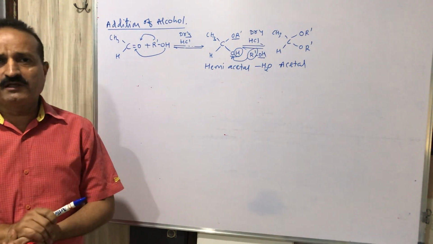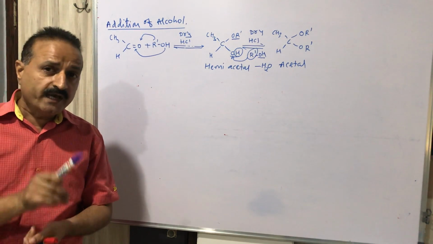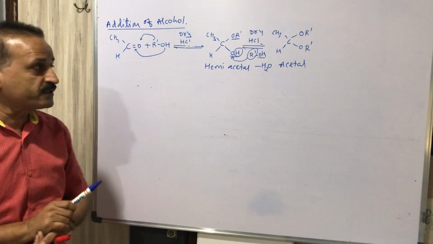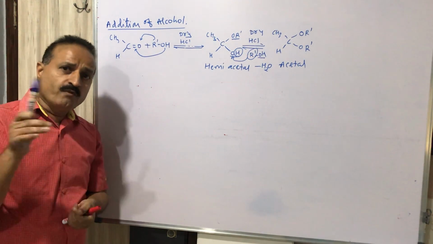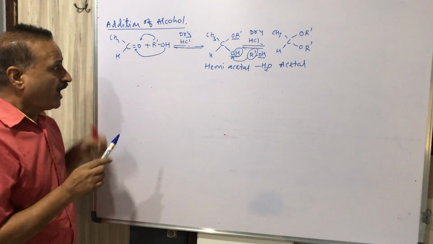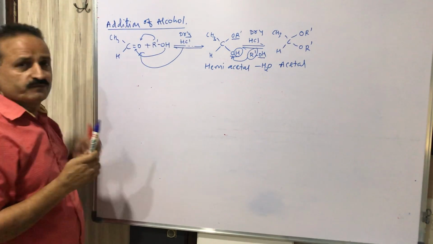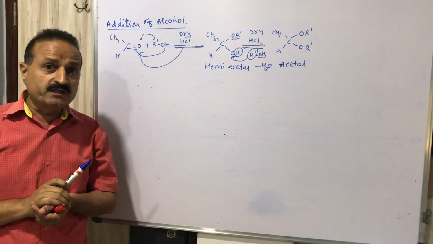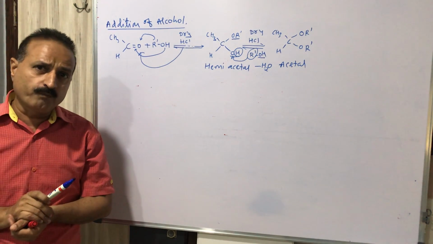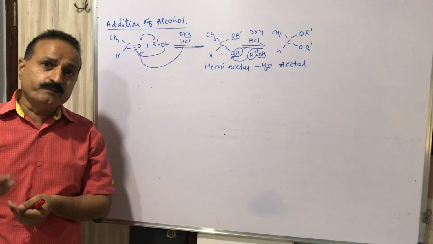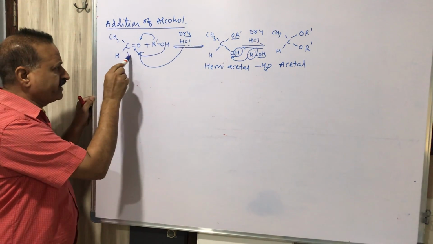Why is this reaction very important? Because the reaction is done in the presence of hydrochloric acid. From hydrochloric acid, the hydrogen, that is the proton, will protonate the oxygen. Protonated oxygen will increase the positivity of the carbonyl compound. That positivity will transfer to the partial positive carbon.